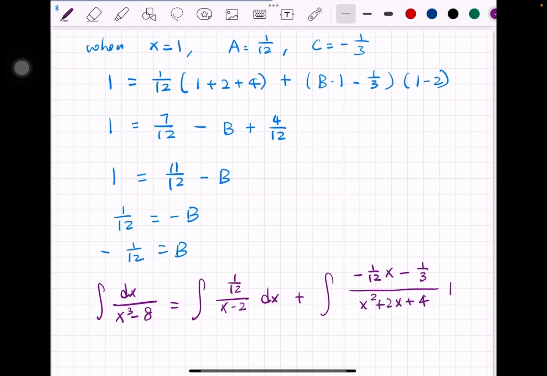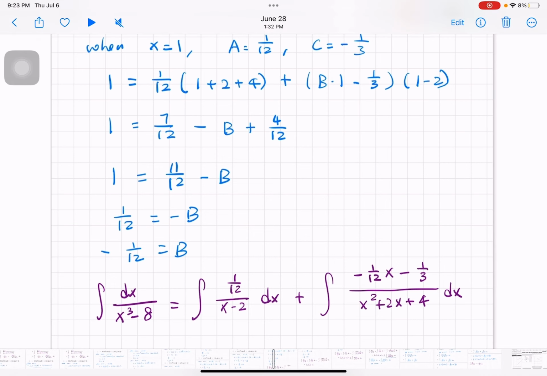Okay, so the antiderivative of dx over x cubed minus 8, because x cubed minus 8 can be factored as x minus 2 times x squared plus 2x plus 4.